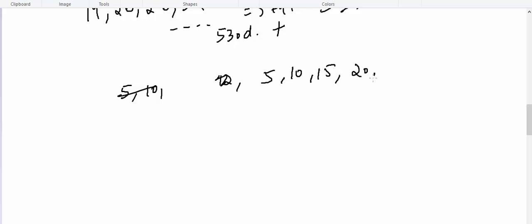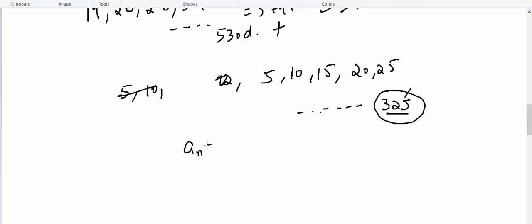Now another question which could come up: let's suppose I'm given a sequence, let's take an example here: 5, 10, 15, 20. There is an arithmetic sequence here, and let's suppose a random term is given to me, which is, let's suppose, 325 after so many terms, and they ask me which term is actually 325. Like, they want you to find the sequence number of this term.